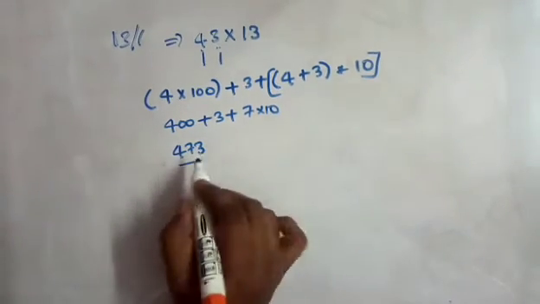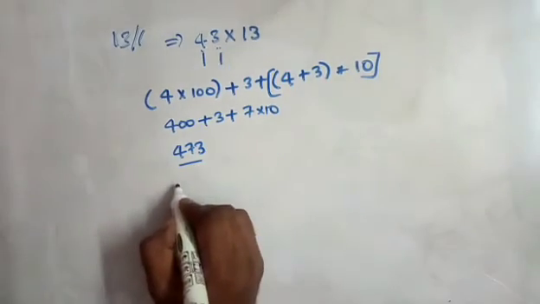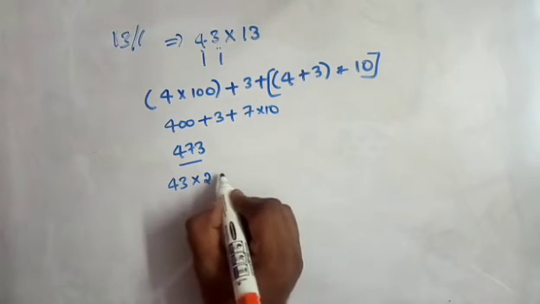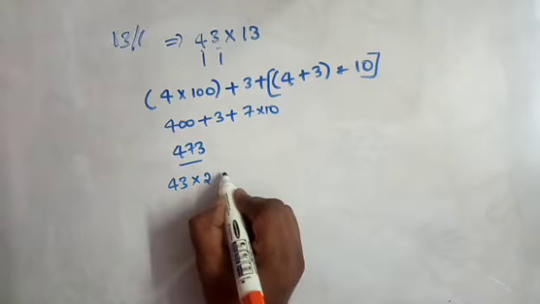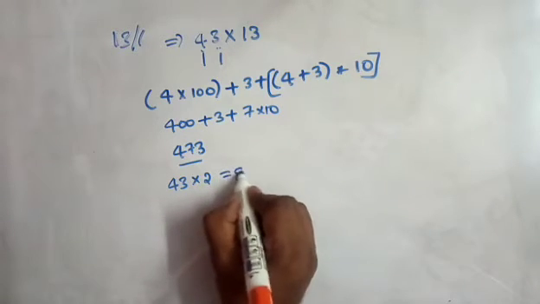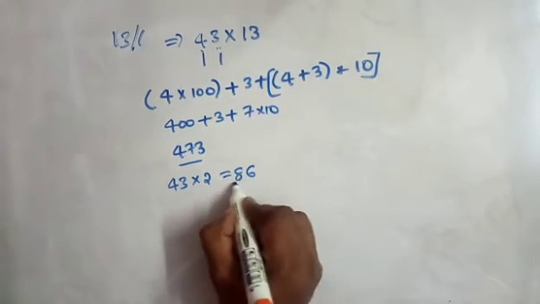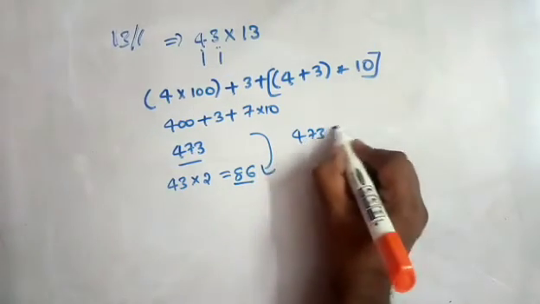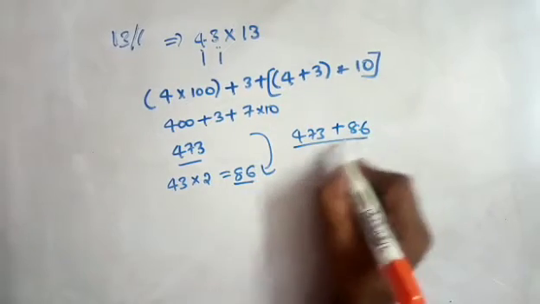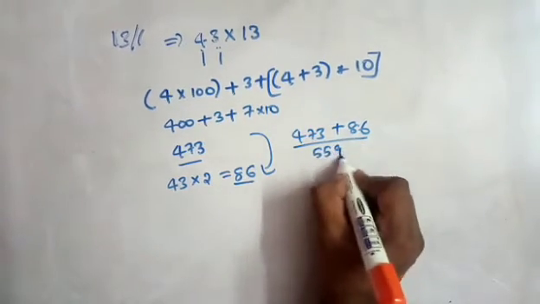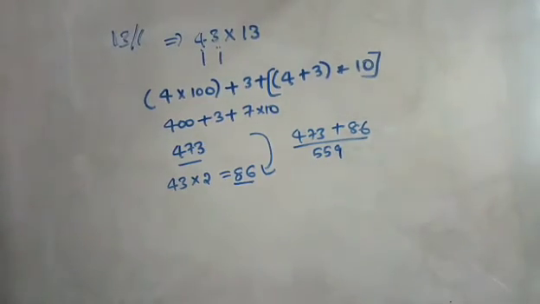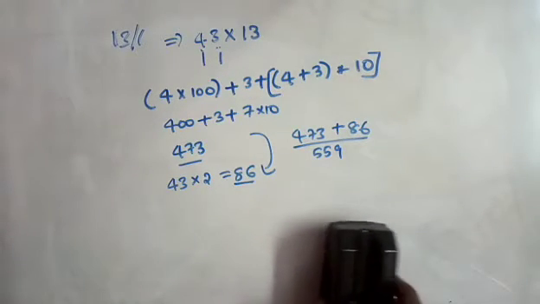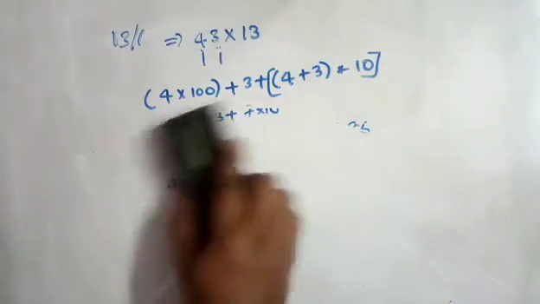Then next, you multiply 43 with 2. How much does it come? It is 86. Now you add both: 473 plus 86, which is equal to 559.